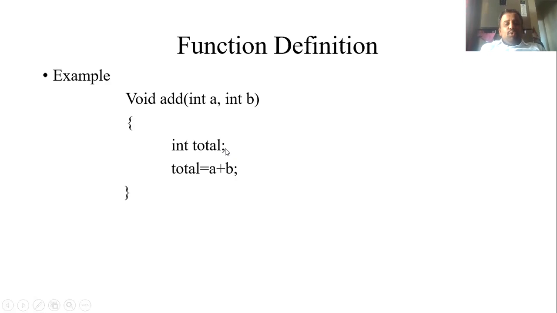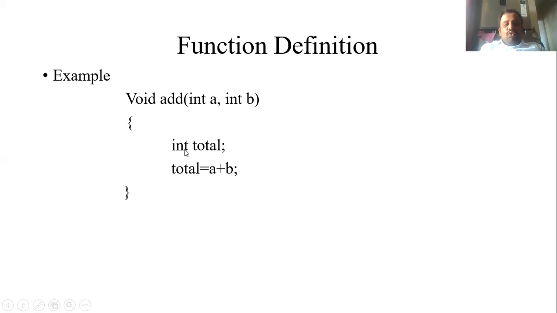That means in total is equal to a plus b, it won't return the total. If you want to print the total, within the body of the function you write printf and print the total value. That is the meaning of the function definition. The function definition has the return type, the function name, and int a comma int b, which are the parameters. I am passing two parameters in the function definition.